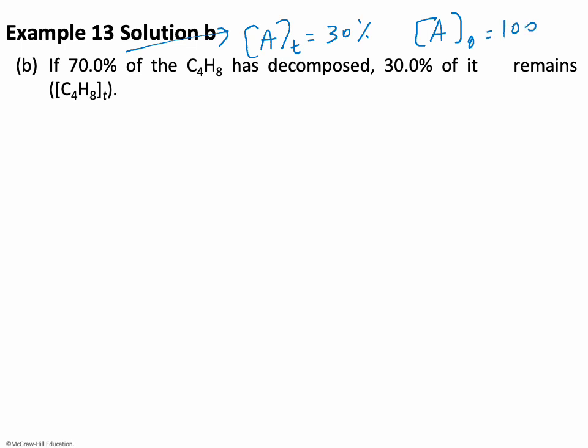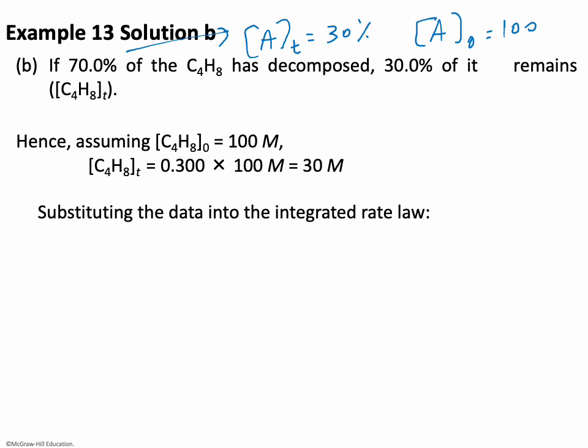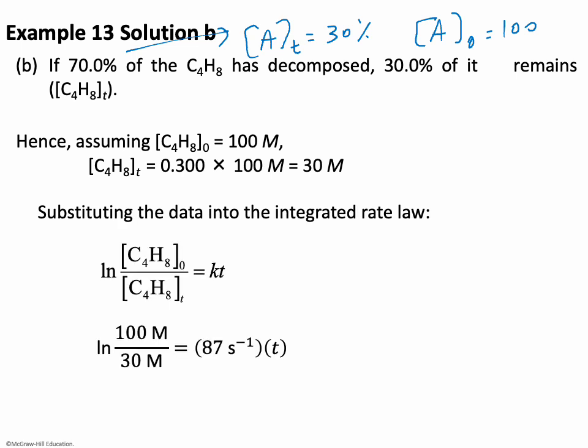So if A0 is 100, then what's left is 30. Again, the amounts are given. We just have to plug the values into the expression. This is 100. This is what's left. This is given to us. We just have to figure out how long it takes. So we first figure out K from part A, and then we plug it into this expression.